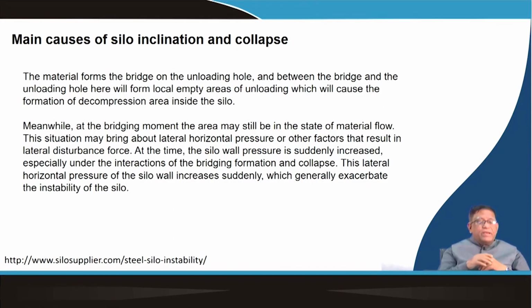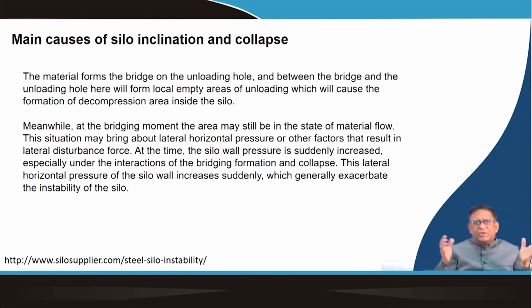The material forms a bridge over the unloading hole, and between the bridge and the unloading hole a local empty area of unloading will form. That is, when unloading is taking place, a void is there. At that time the stress is less, and when it is coming in full, the stress is more.